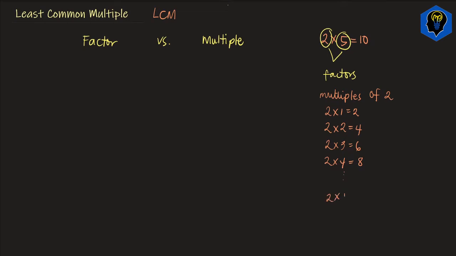Let's say 2 times 10 equals 20. Now, the products here, remember the parts of a multiplication equation. The products here are what we call the multiples of 2. So that is how multiples are different from factors. Okay, now that we know the difference between multiples and factors, let's look at LCM as a topic.